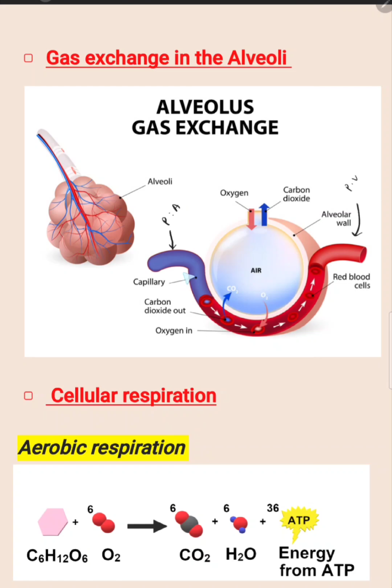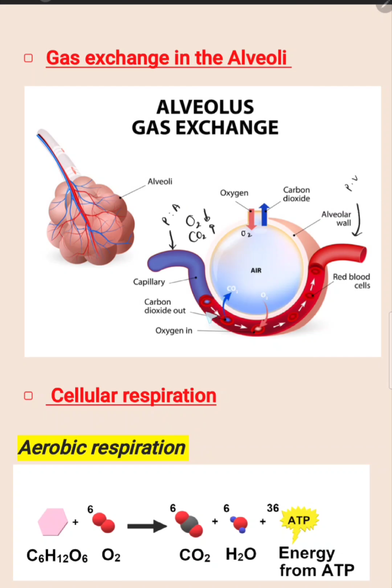The pulmonary artery contains deoxygenated blood. That means the oxygen level is lower than the carbon dioxide concentration. When we inhale, we get oxygen, and as a result the oxygen concentration in the alveoli increases compared to the associated blood capillaries.